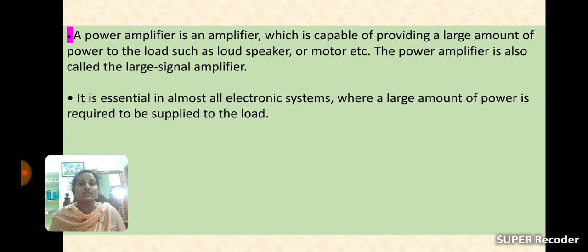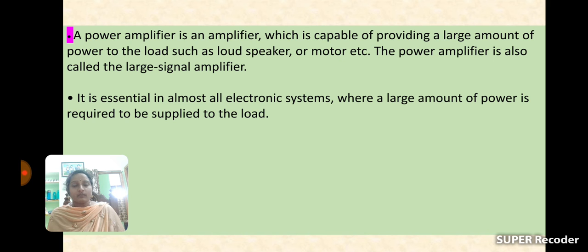So what is the load here? We are using loudspeakers or motors. Mainly the power amplifier is used as an input for the loudspeaker or the motor, so this amplifier has the capability of providing a large amount of power to the load, such as a loudspeaker or motor.